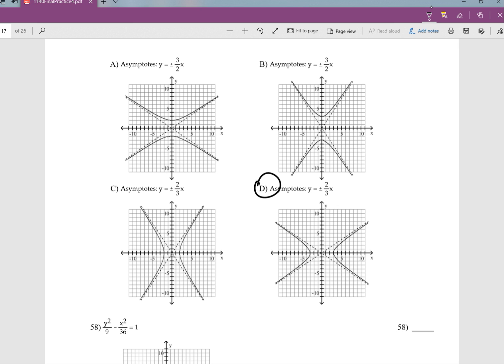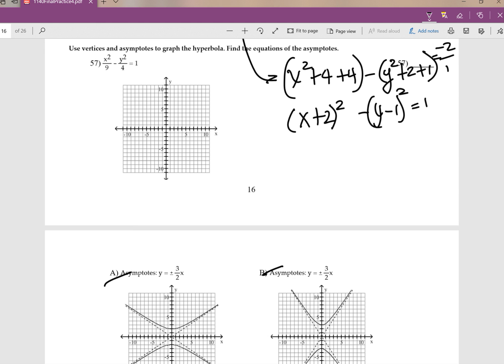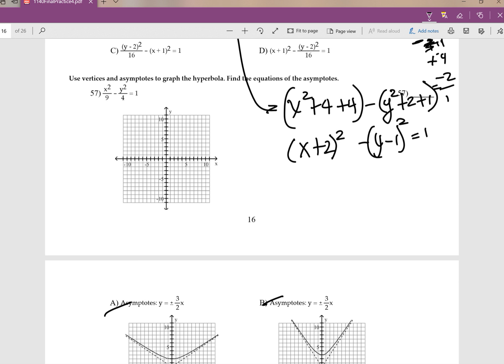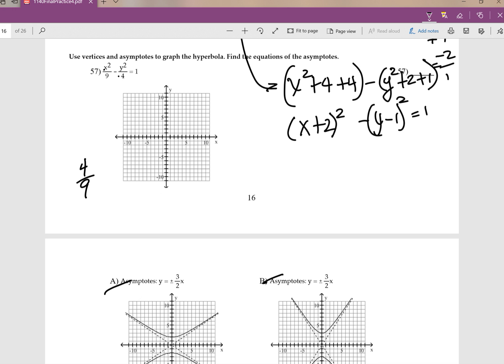Obviously you would eliminate A and B. Okay, and again notice that it's 2/3 x for the asymptote. Notice that this is the y, this is the x term. So A, in this case, 4/9. We're taking the square root of those two numbers, hence 2/3.